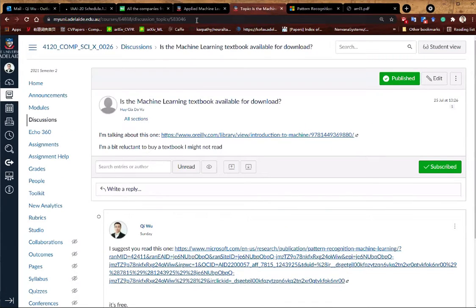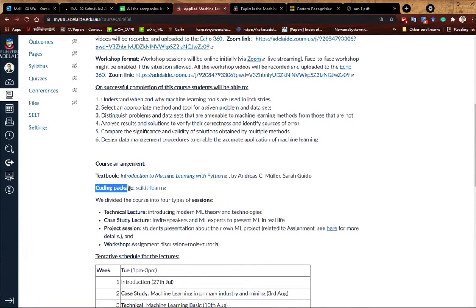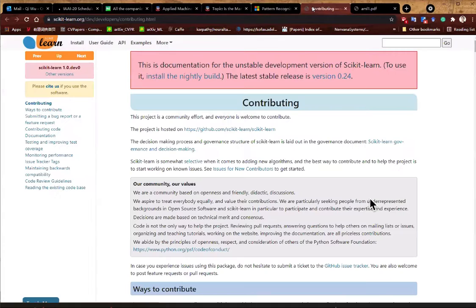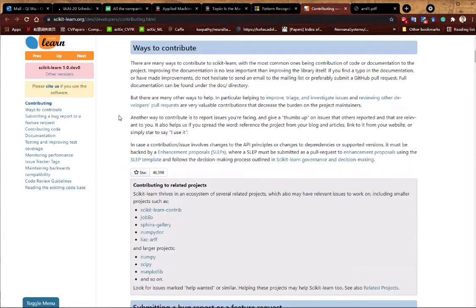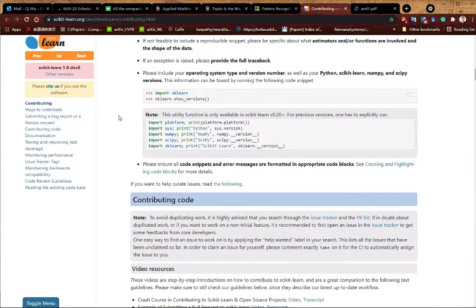So that's a textbook. And we also have some coding packages. This is scikit-learn. I believe many of you, if you know the Kaggle challenge or something, must know this one. This is a very good Python-based machine learning package. So basically, it has implemented a lot of machine learning algorithms like SVM, like linear classification, even deep learning models.